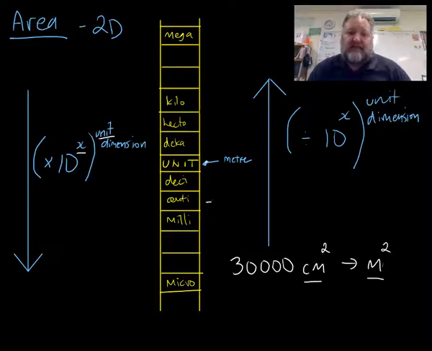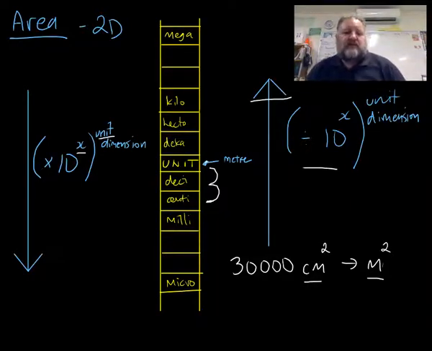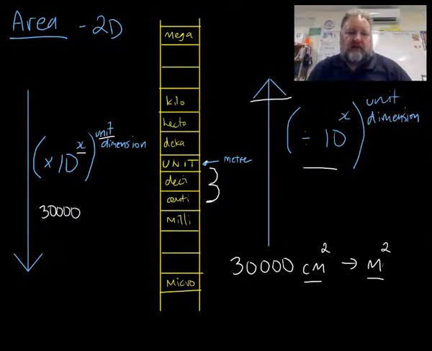So centi is here, it is 1, 2 steps up the arrow. So I'm going to use this one, the divide by. So let's write that down. We've got 30,000, I'm not going to put the units on, I'm going to put in our divide by 10 to the power of x, where x is the number of steps, and we know we took 2 steps, so we can just write that in, and it's in 2 dimensions.